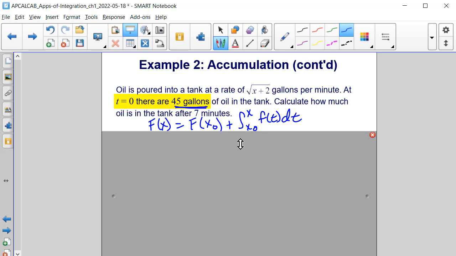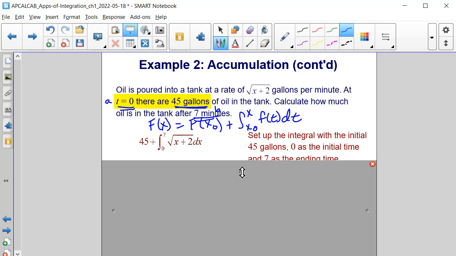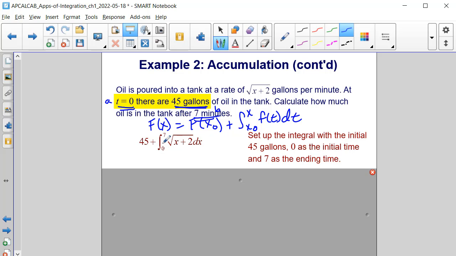So we have 45 plus the integral from a, or time is equal to 0, up to 7. That's going to be our b value, or our upper bound. So our function, or the integral, is going to look just like this. 45 plus the integral from 0 to 7 of the square root of the quantity x plus 2 dx.